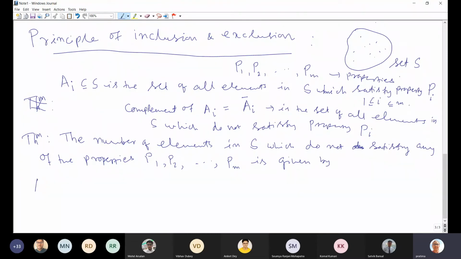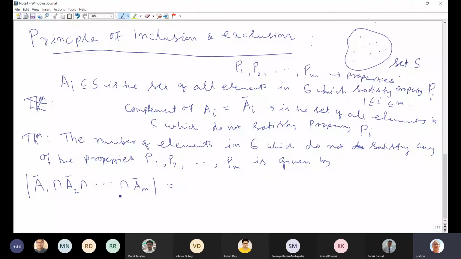Elements which will not satisfy any of these properties we can write in set notation as A1 complement intersection A2 complement intersection up to Am complement, and we take its absolute value.